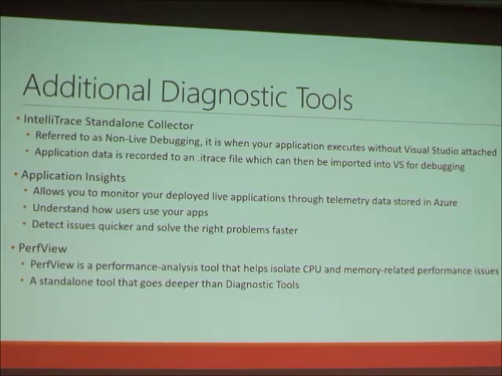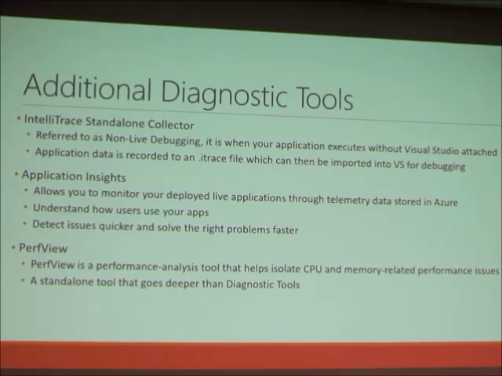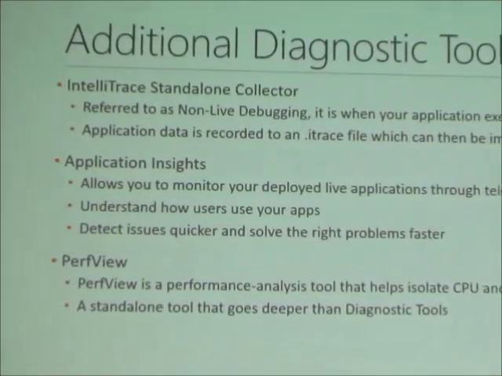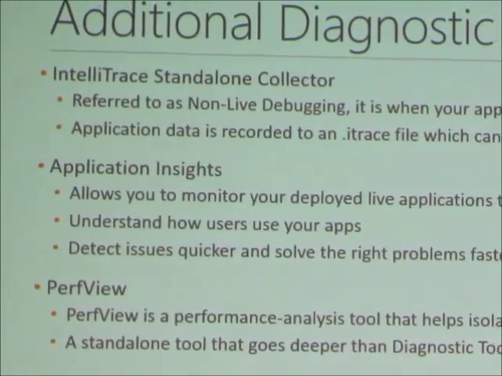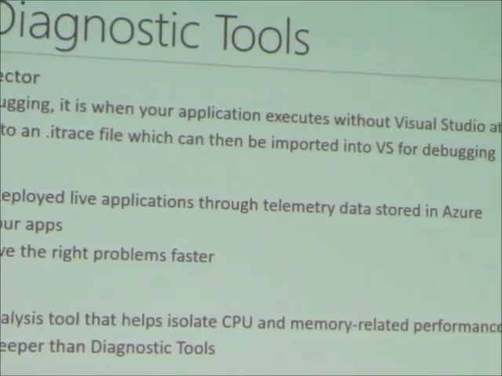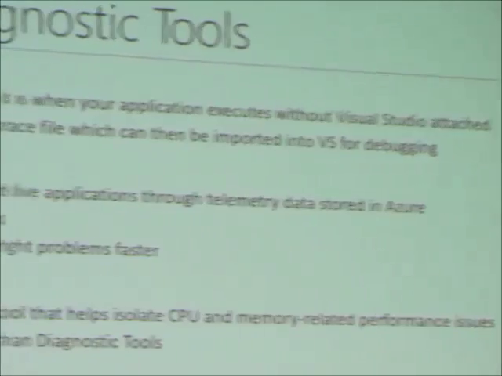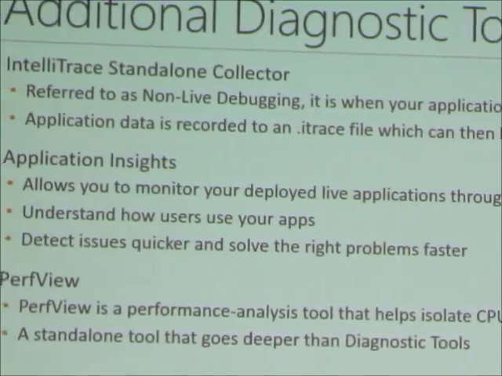Second thing is Application Insights. I talked about Application Insights last year here. It's grown phenomenally since the last time I talked about it. There are so many things now in Azure with Application Insights, especially now with Visual Studio 2015. You don't have to go and get SDKs anymore. It's all baked into the Visual Studio IDE now. All you have to do is click a checkbox and say, yes, I want to start pushing metrics out to Application Insights.